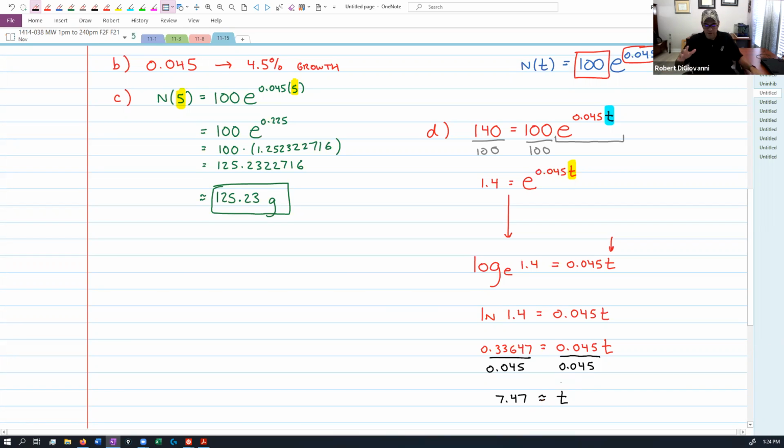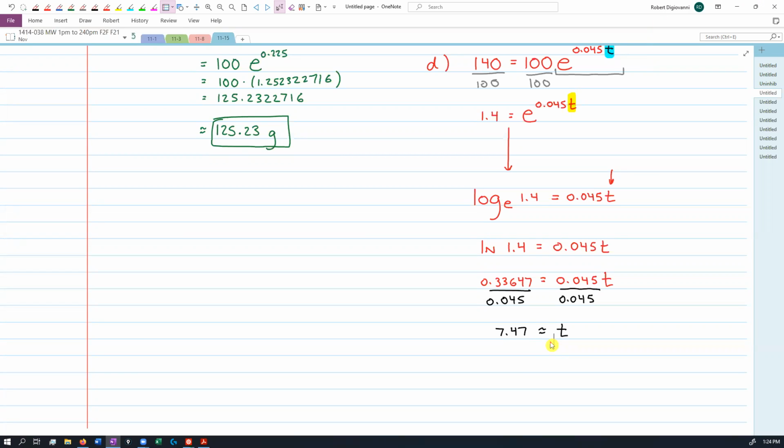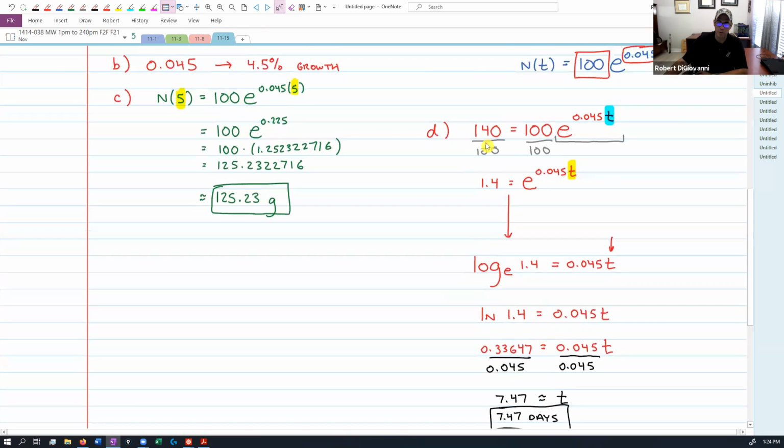Somewhere about 7.48, 7.47. So about 7.47 what? Grams? What is this? Days. T is our measurement of days, time. So it's going to take approximately 7.47 days for us to reach 140 grams.